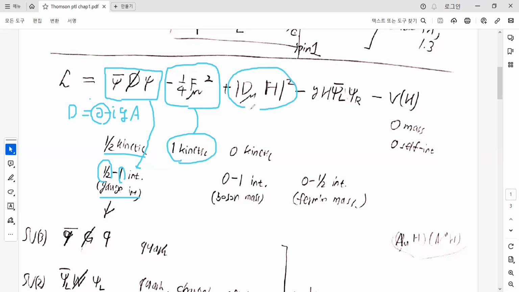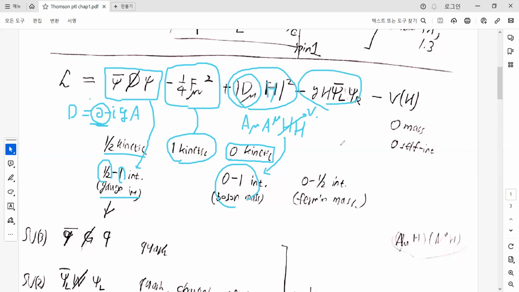The third term also has the covariant derivative D mu. It gives the kinetic term, the derivative kinetic term, for the spin 0 Higgs. There is also a mass term, and the boson-Higgs coupling is possible here, so it can give the boson mass if the Higgs gets a vev.